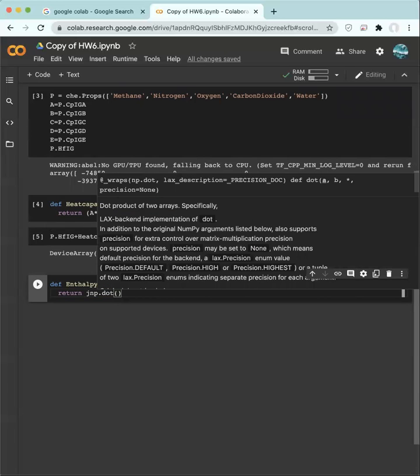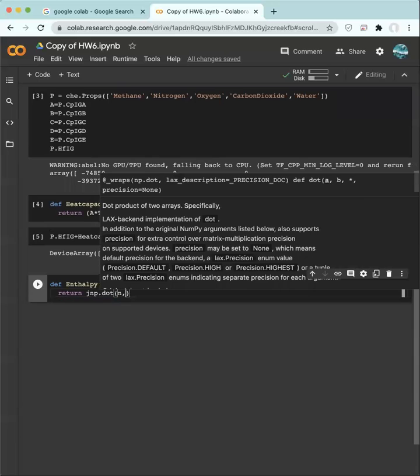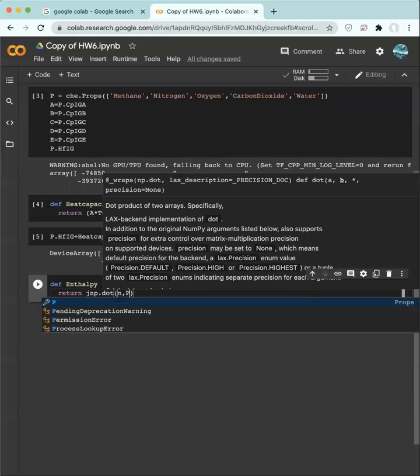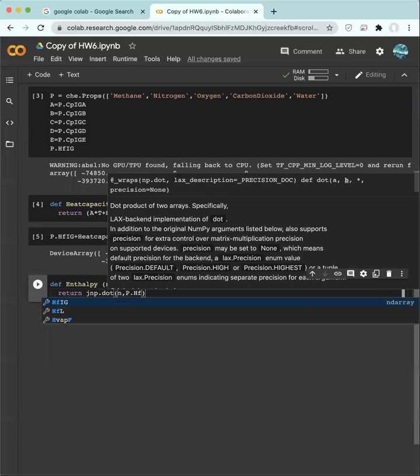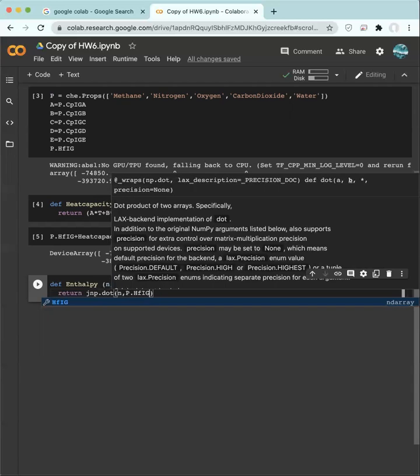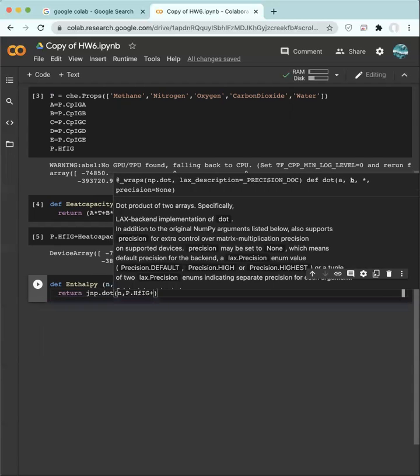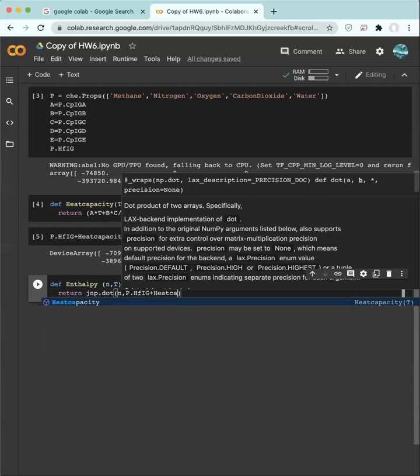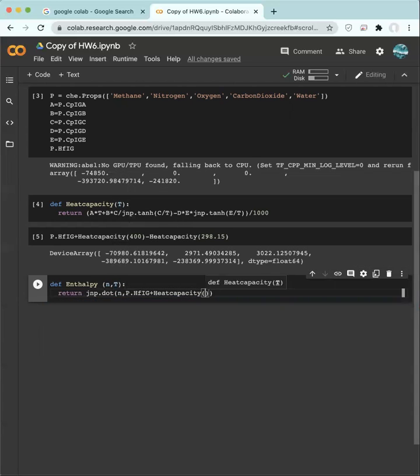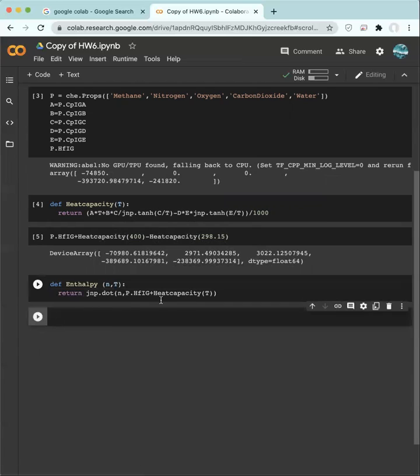And so we want n, comma, we want the P.Ig, so that's the heat of formation, plus the heat capacity at temperature T. So this will take N and put it through this for each of the values in the array.